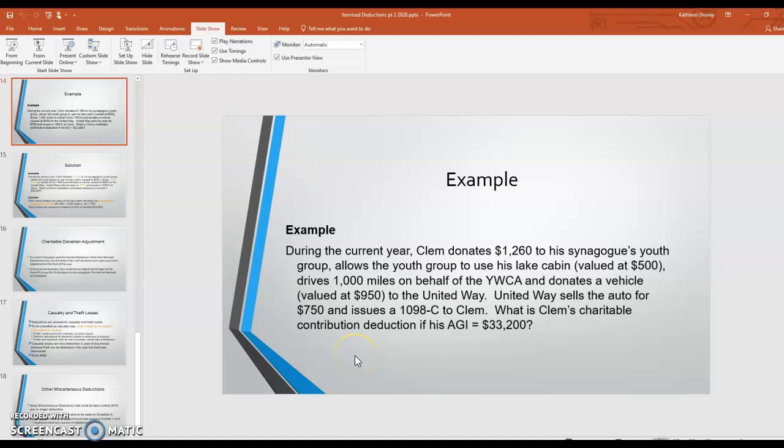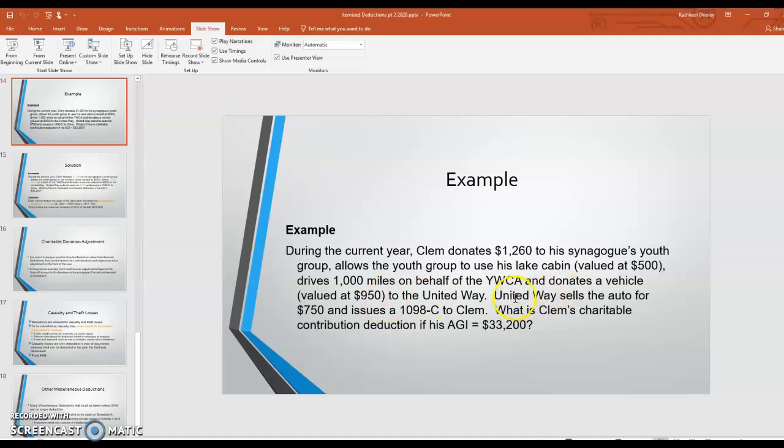Now, if he had donated a vehicle and United Way actually used the vehicle for their own people to drive around in, then he would have been able to show it at $950. You would have to have some reasonable way to show that that was in the Kelley Blue Book or something like that, where he got that number and he didn't just pull it out of the air. Okay?